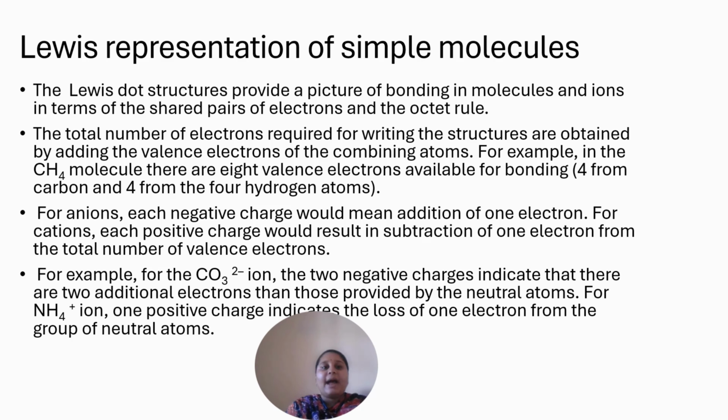In H2, each hydrogen shares an electron pair, and this is the Lewis representation. In oxygen, it is the same, as the oxygen is double bonded. In the O3 molecule, there is one double bond and one single bond.